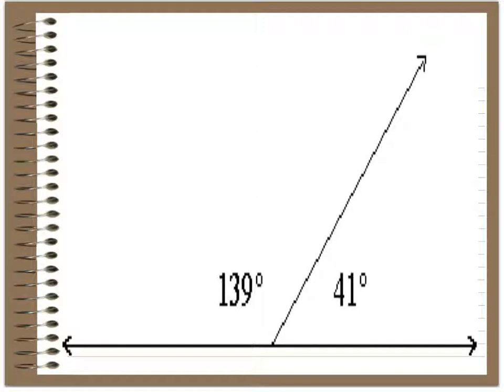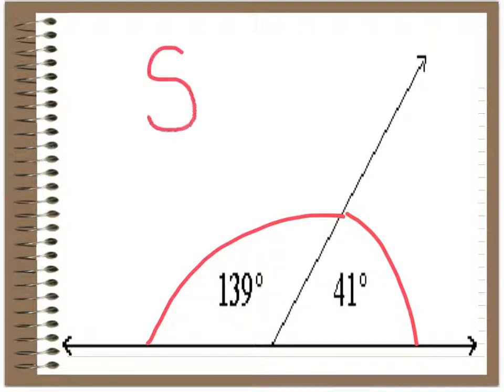When I combine the angles, they make 180 degrees, which is our straight line. If I look at the letter S and I continue it through, I end up making an 8. So I know that 180 has an 8 in it. That equals our supplementary angles. That keeps them straight between the two different ones.